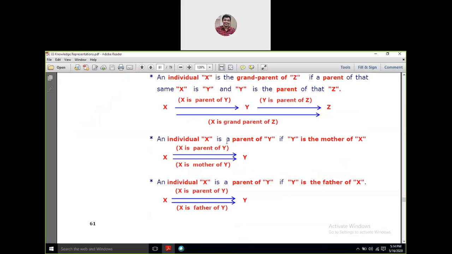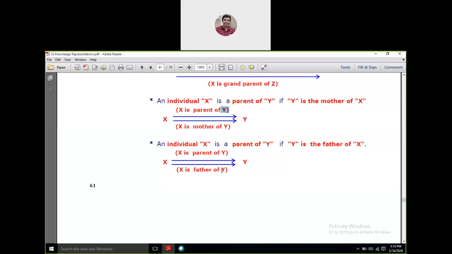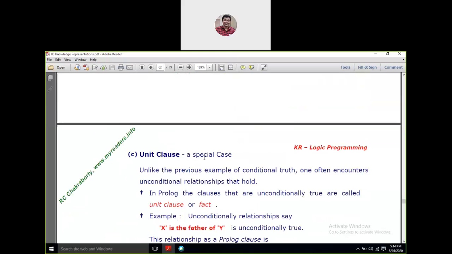Likewise, there are certain other facts, like one individual being the mother of another individual, and one individual being the father of another individual. They have all been categorized on the basis of their individual belongings, right?